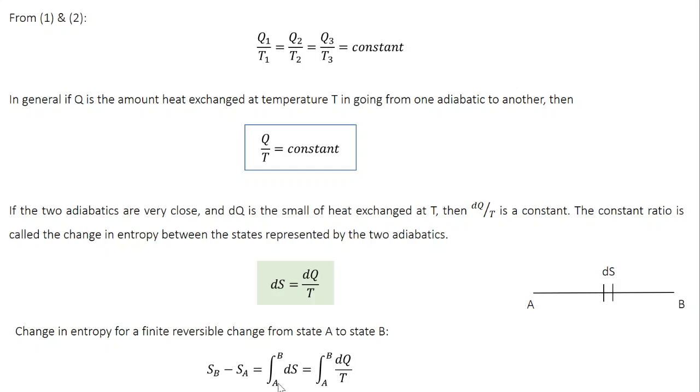This is going to be the integral from A to B of dS, and when you substitute for dS, you get the integral from A to B of dq/T. So basically you choose a very small section and call its change in entropy dS. Calculate the change in entropy in that small section, then integrate from the initial point to the final point, and you get the total entropy change.